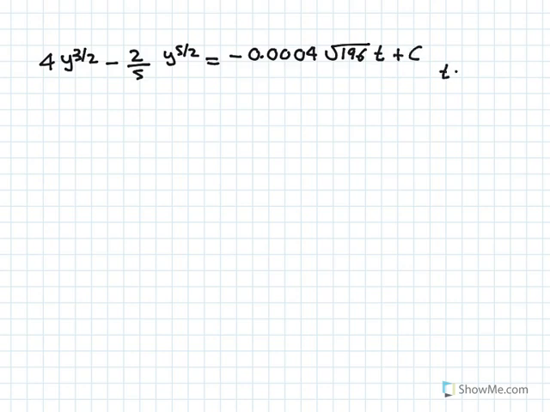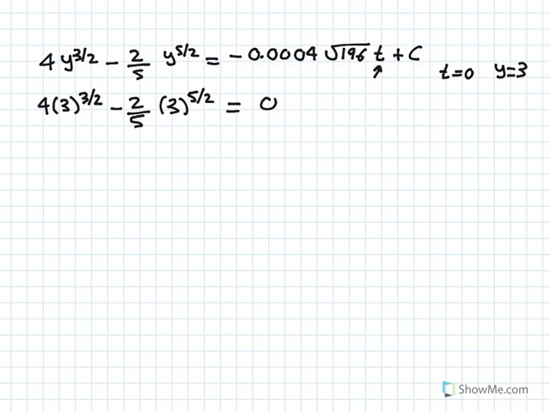We're going to substitute t equals 0, y equals 3 to solve for the unknown constant c. So we get 4 times 3 to the 3/2, keeping everything exact, minus 2 over 5 times 3 to the 5/2 is equal to, and substituting t equals 0 in here, the whole thing becomes 0, so it's 0 plus c.